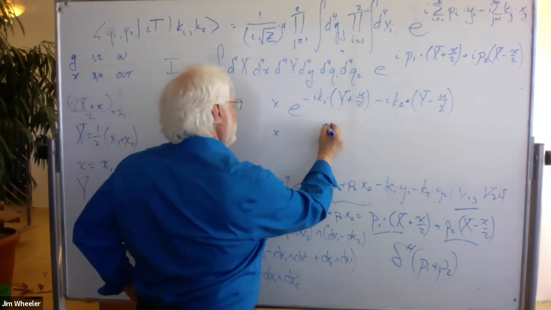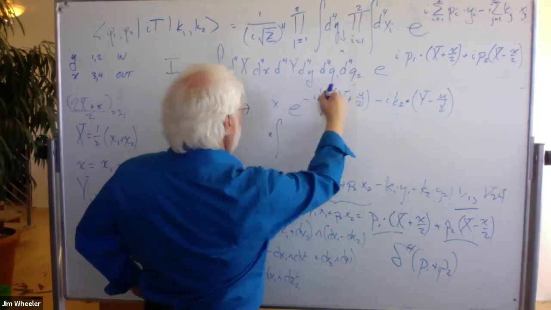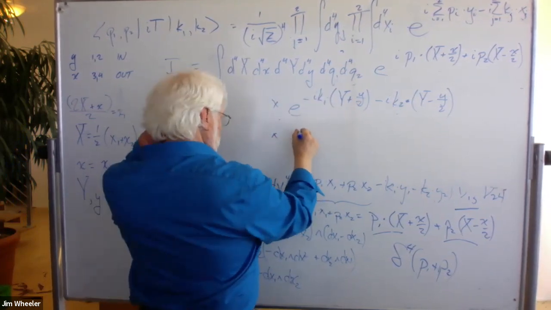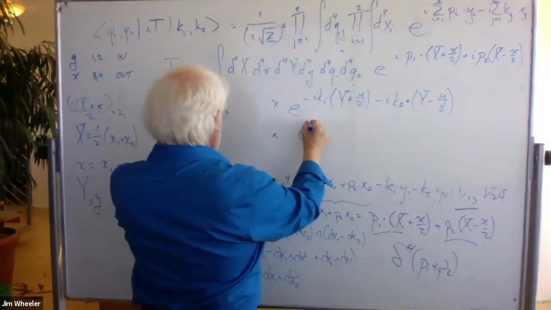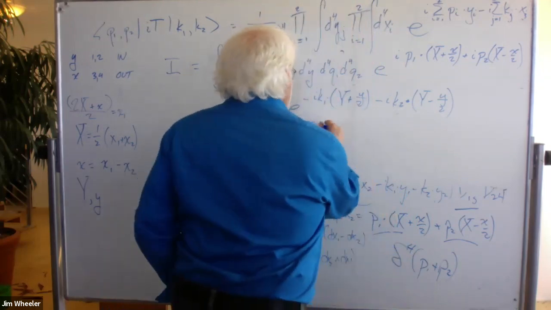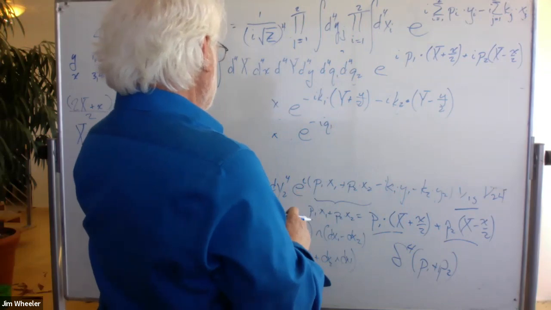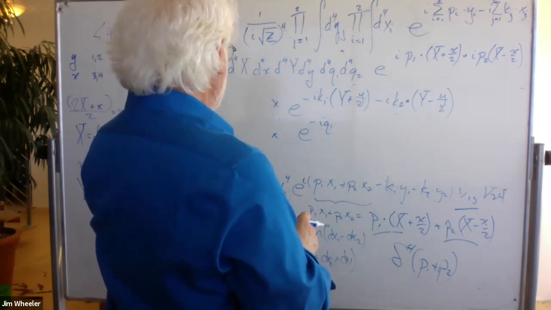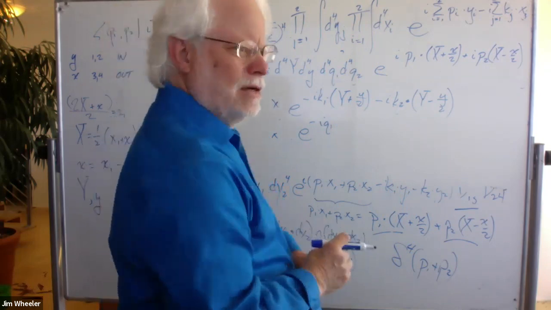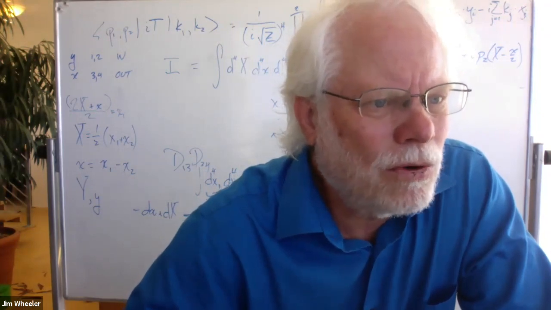So we're going to have integral. Oh, we got the integrals already. So e to the minus i q1, and let's see, we want this to be x minus y. We want this to be the difference coordinate.